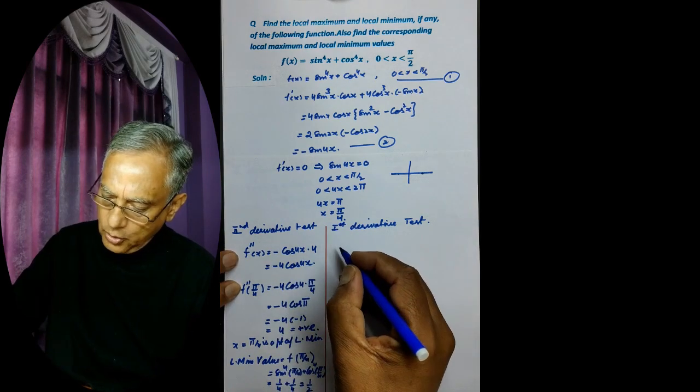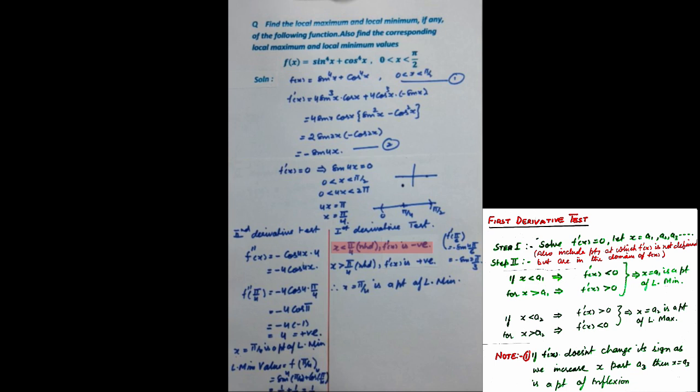Now I do the same question using the first derivative test. In the first derivative test, let x be less than pi by 4. Consider the interval in which x is less than pi by 4, in the neighborhood of this point. This is the number line, say the interval is from 0 to pi by 2.